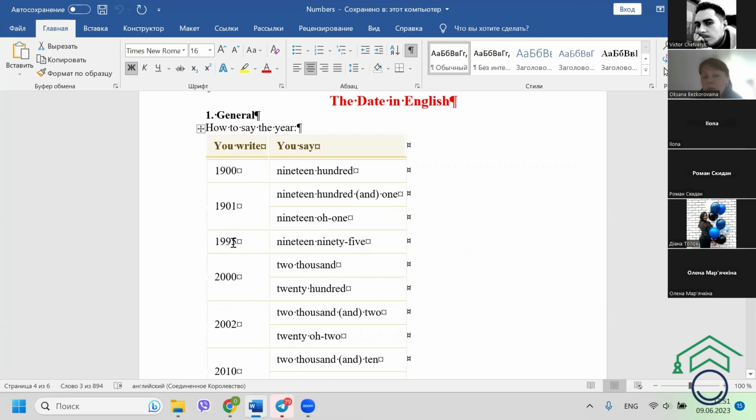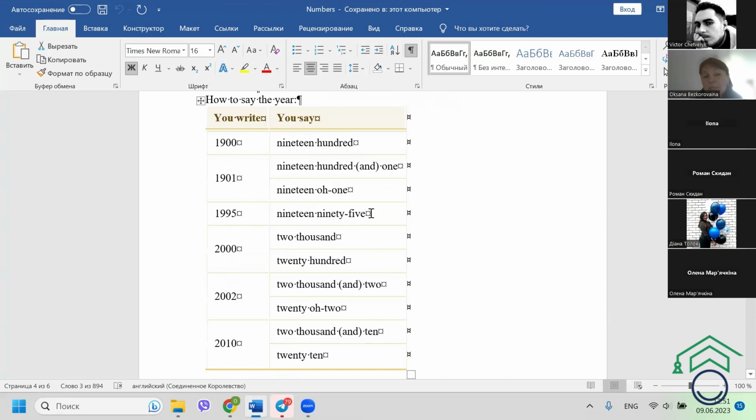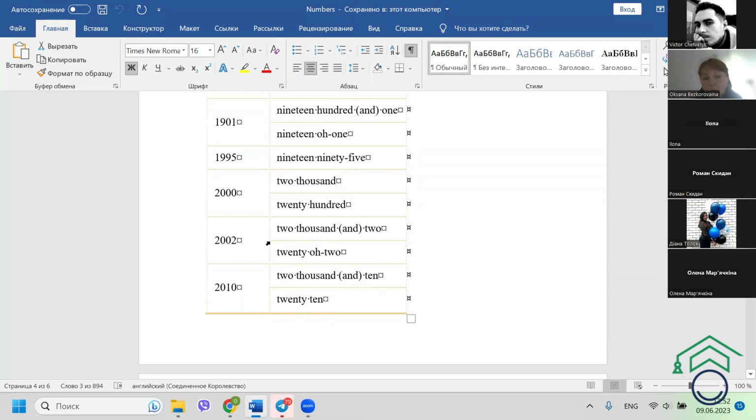Слово and вже не промовляється. У даному випадку and йде як замість нуля. Here we can say 2000, або 2000. 20 сотень. Тут ми казали 1900, 19 сотень, тут 2000. Далі вже знову ділимо навпіл.